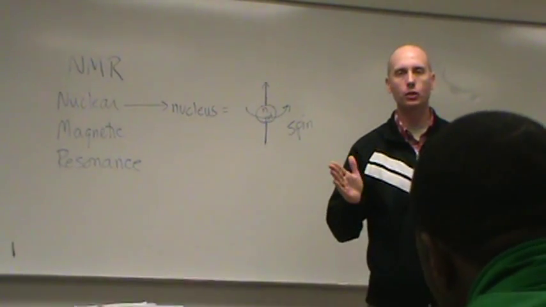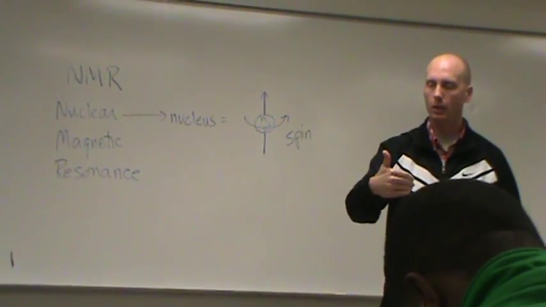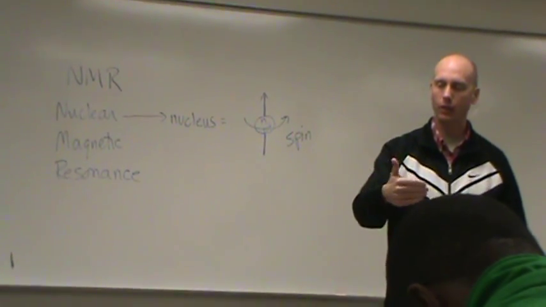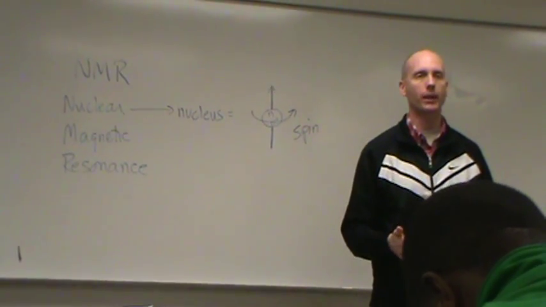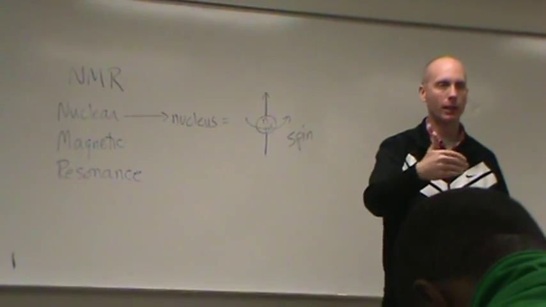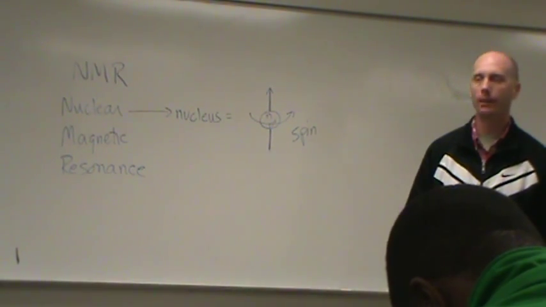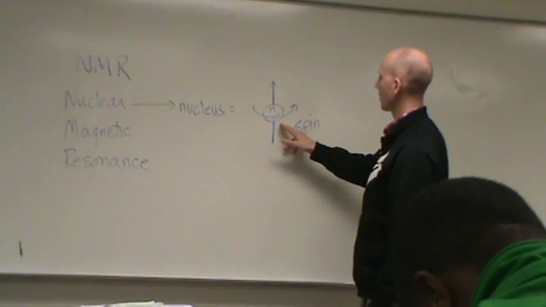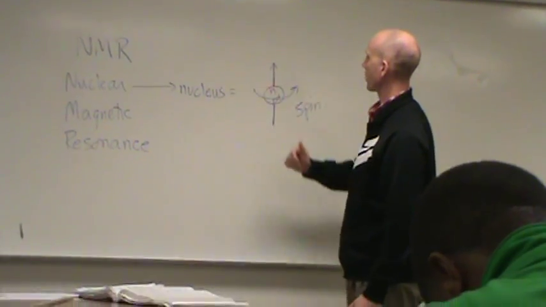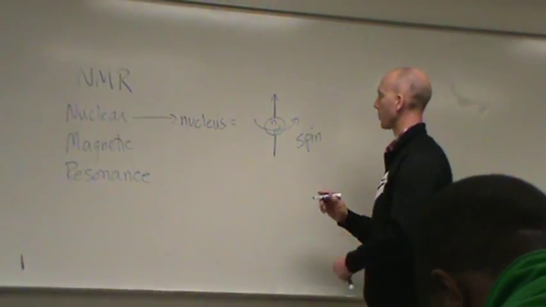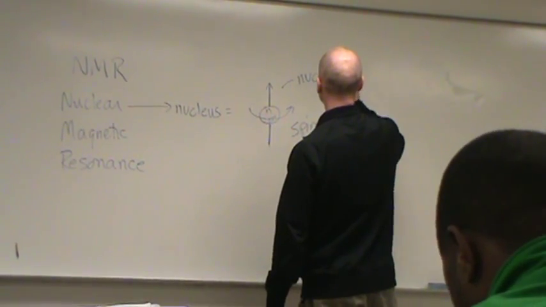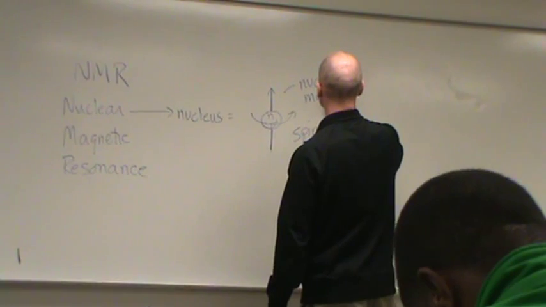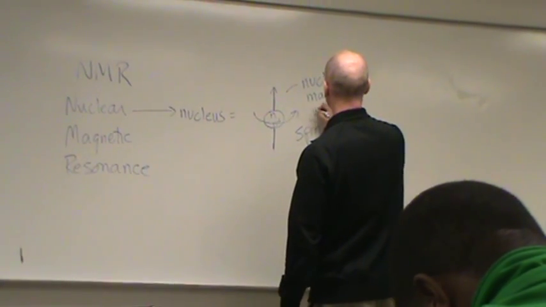If you've taken physics and you do the right hand rule, however your hand is going, your thumb indicates the moment that's generated there. Remember you might have done that with electric fields and things like that. Here, when the nucleus is spinning, it generates a moment like that. So we can call this a nuclear magnetic moment.